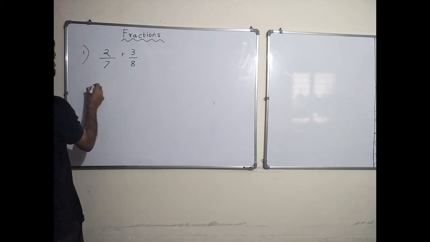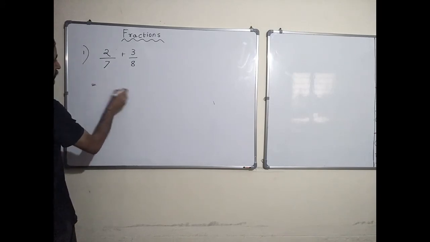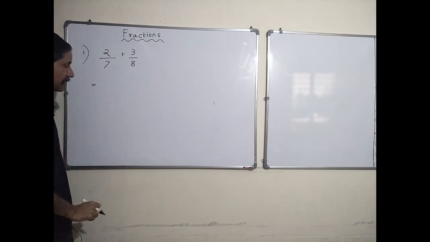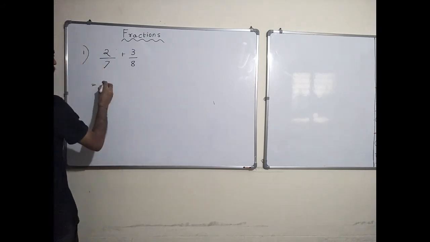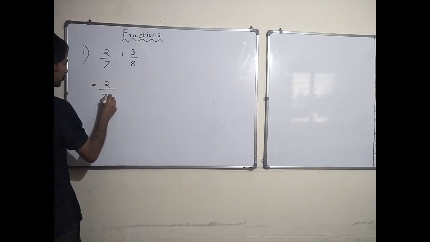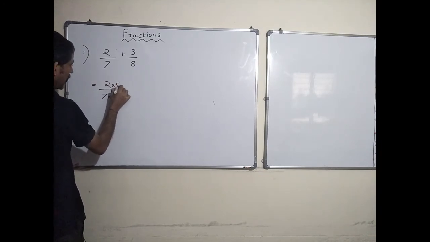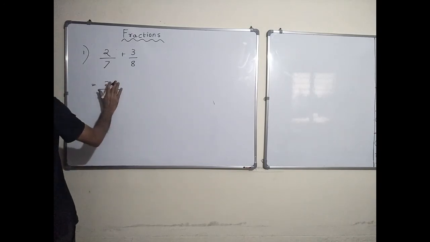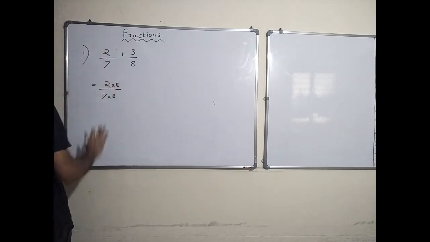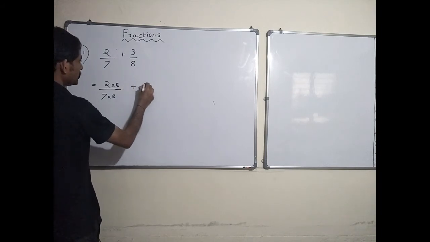Now I want the same denominator in both the cases, right? So I find out the LCM and it turns out to be 56. I'll make both of them 56. I multiply both the numerator and the denominator by 8, so that this is the same as 2 by 7. Same thing I do here.